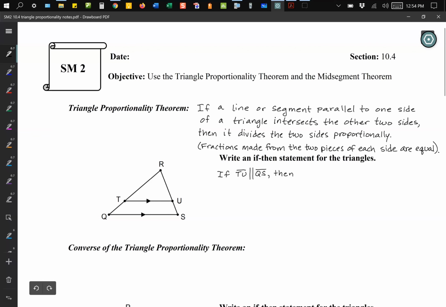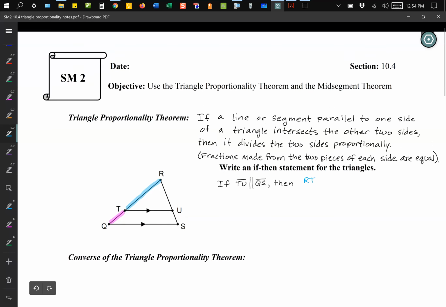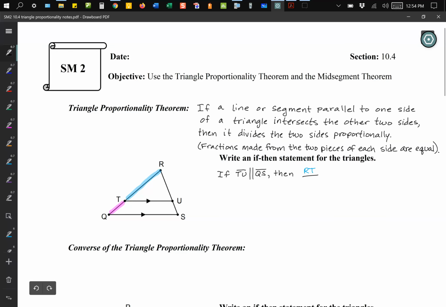Then if we make a fraction out of the two pieces of this side, RT divided by TQ, that fraction should reduce to the same thing as a fraction we make from the two pieces of the other side, RU divided by US.